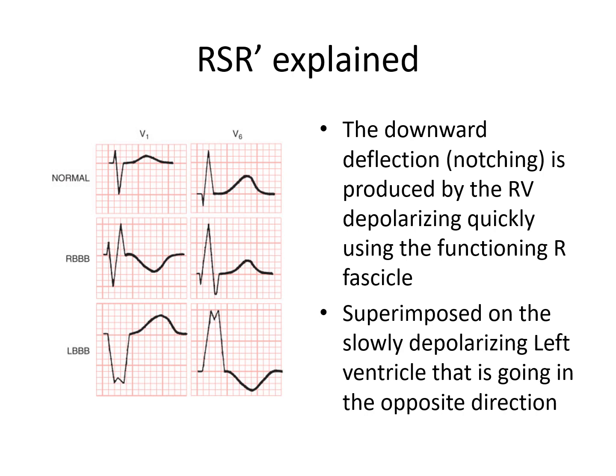What's happening while the left ventricle is slowly depolarizing leftwards is the right ventricle very quickly, because it has a functioning fascicle, will depolarize rightwards in the opposite direction. So when you superimpose the small RV depolarizing in an opposite direction of the large but slowly depolarizing LV, you end up with that little notch. The notch is the RV depolarizing in the opposite direction during the slow prolonged LV depolarization.